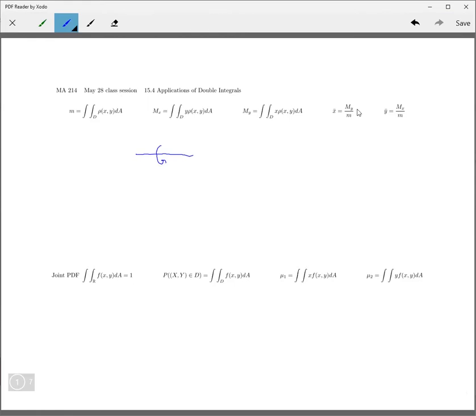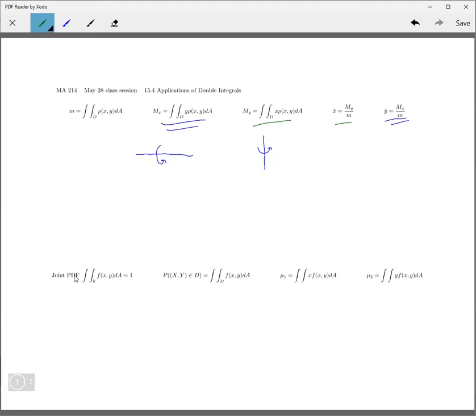The moment about the x-axis is actually related to the y center of mass, and the moment about the y-axis, that's how much it's going to tend to rotate about the y-axis, and that's related to the x-coordinate of the center of mass. Okay, and so these are formulas that you've seen before.